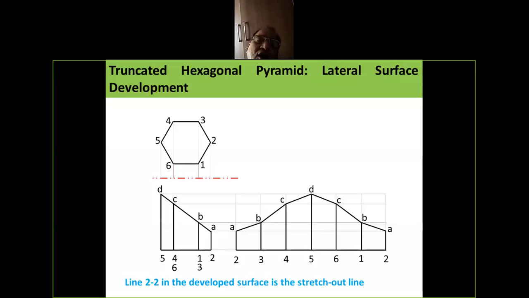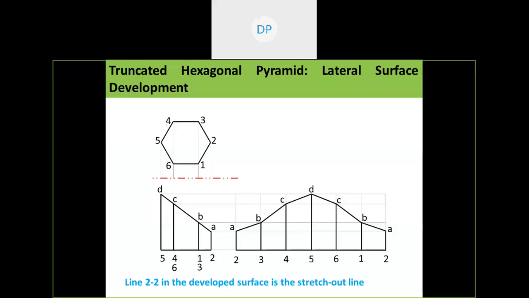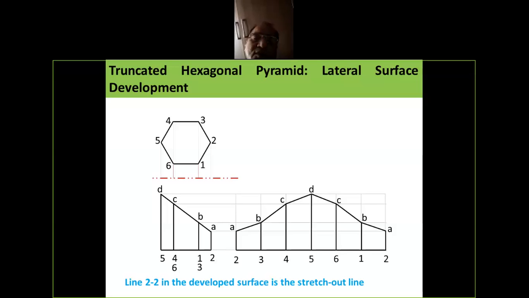Now how can we develop this truncated pyramid? For that example, we have taken the side of a hexagon. If the side is given as 30 mm, then 2 to 3, 3 to 4, 4 to 5, 5 to 6, 6 to 1, 1 to 2 will each be a distance of 30 mm.